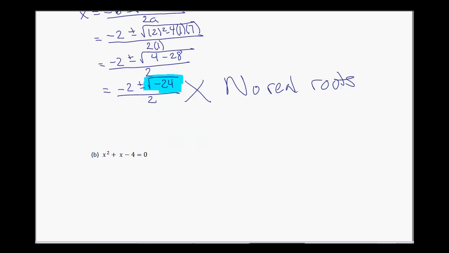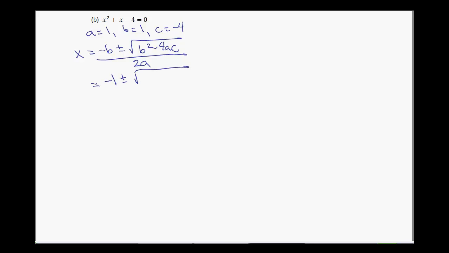Let's take a look at a different one. B. x squared plus x minus 4 equals 0. In this case, a equals 1 again, b equals 1, and c equals negative 4. So our formula, x equals negative b plus or minus the square root of b squared minus 4ac all over 2a. Plugging in, we get negative 1 plus or minus the square root of 1 squared minus 4 times 1 times negative 4, all divided by 2 times 1.